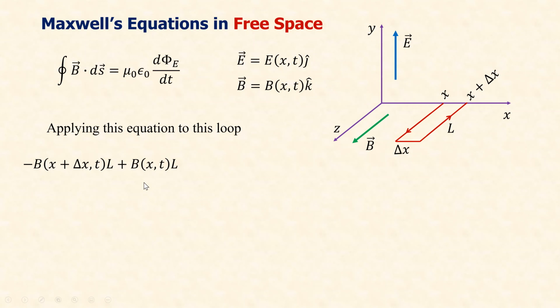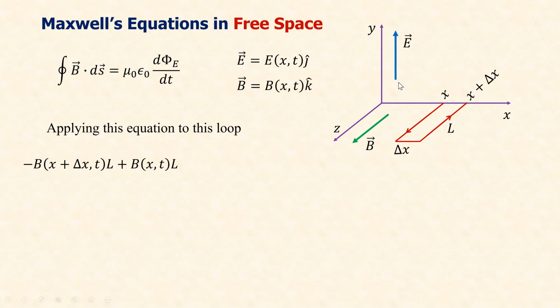Do you see that? Any questions? All right, so this is the line integral, and according to this equation, it should be equal to mu naught epsilon naught times the rate of change of flux of electric field through this loop, and the electric field is perpendicular to that loop.